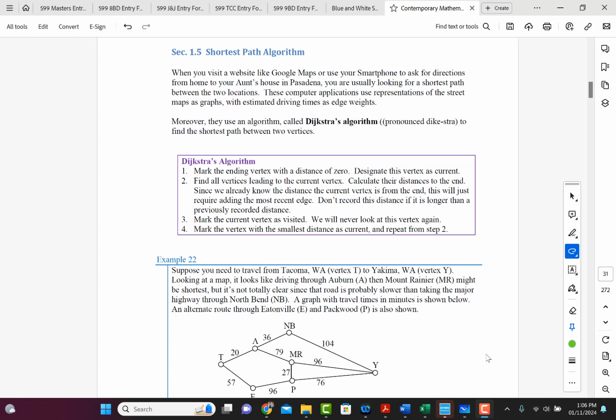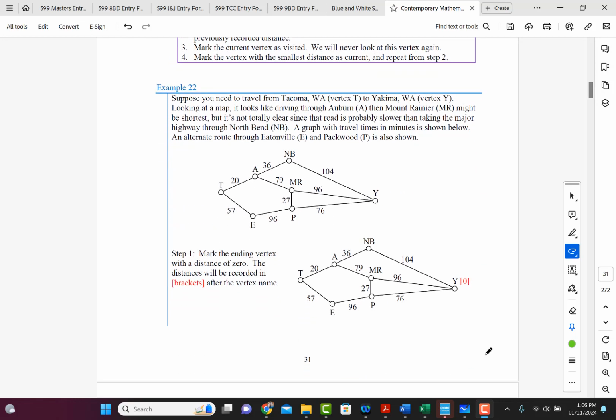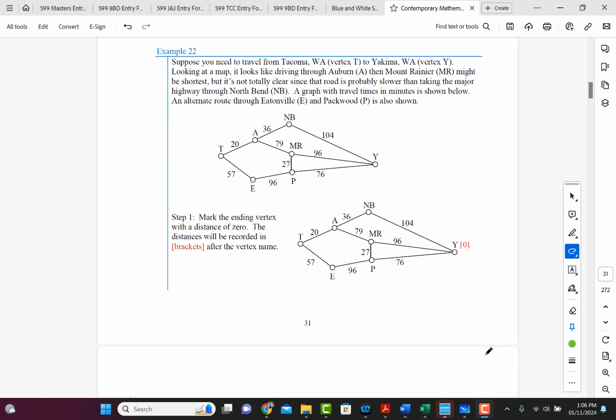Okay, so let's do an example. In example 22, suppose you need to travel from Tacoma, Washington, vertex T, to Yakima, Washington, vertex Y. Looking at a map, it looks like driving through Auburn, then Mount Rainier might be shortest, but it's not totally clear since the road is probably slower than taking the major highway through North Bend.